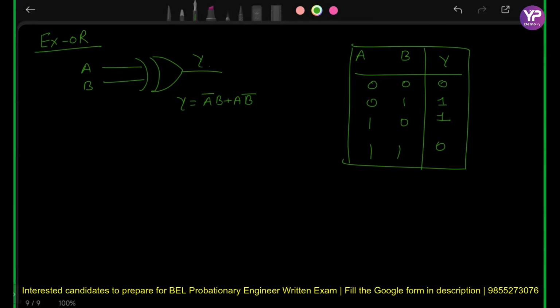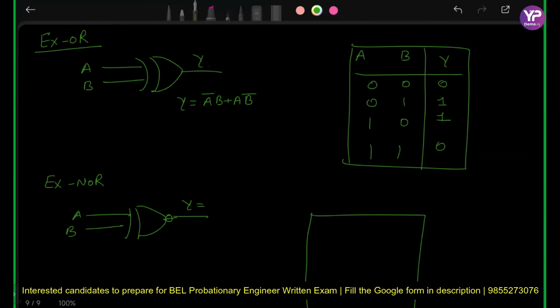Similarly, we have the XNOR gate. The XNOR gate is just the NOT of XOR. This is XOR, and at the output we have a bubble. This is A, this is B, and this is output Y. If I make the truth table, it will be the complement of this one.